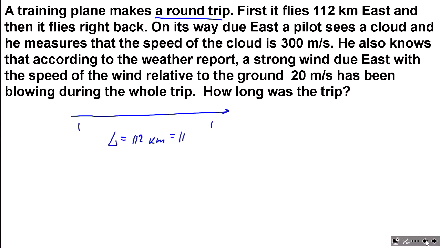Well, let's convert it into meters because I can see the speed is in meters per second. So meters, that's distance traveled. Now, so speed of the cloud relative to the pilot.